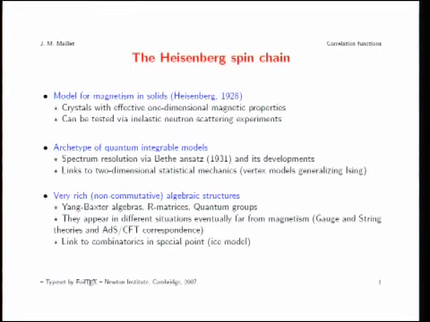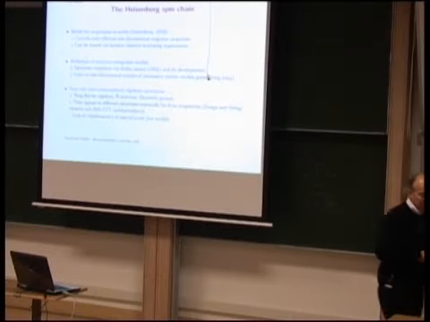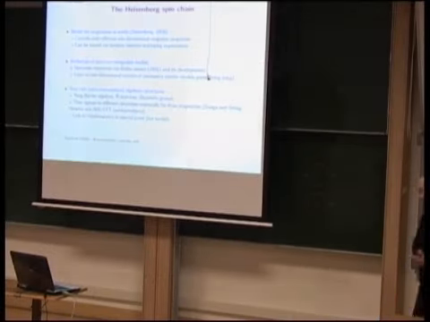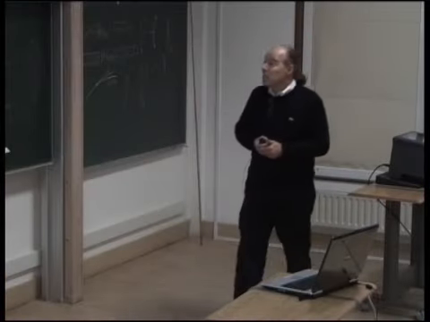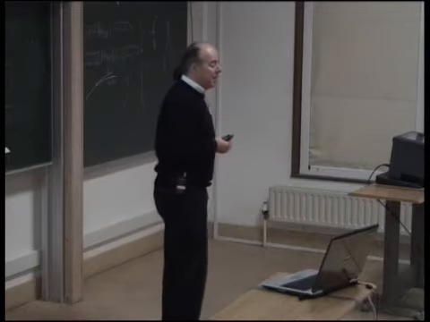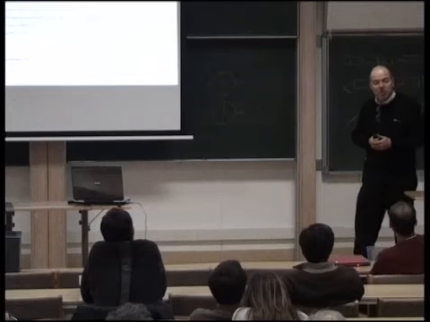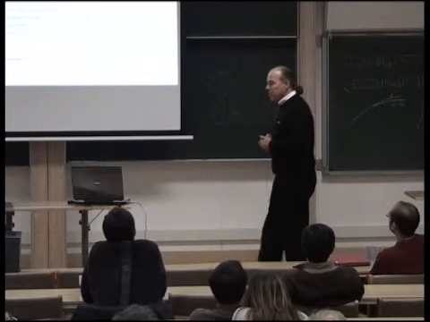in 1928 by Heisenberg, and it's rather funny why this model was designed, because just 3 years before there was the Ising model which was invented, and unfortunately Ising solved the one-dimensional case first, and there is no phase transition.